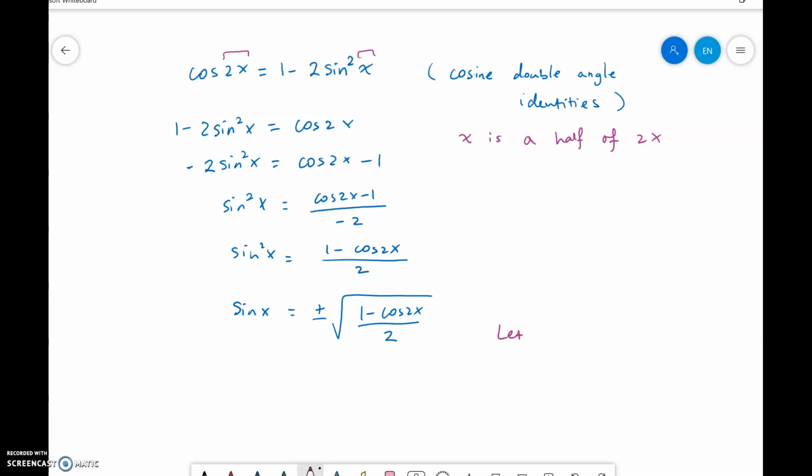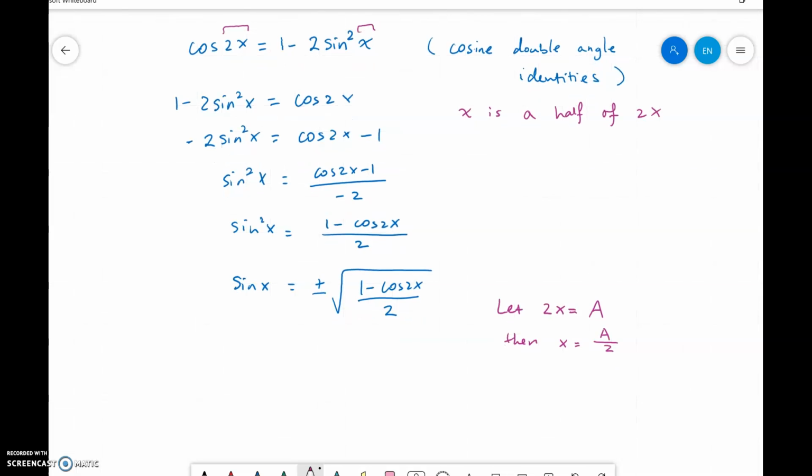I'm going to let 2x equal A, then x equals A over 2, because we want the formula to look more like a half angle. So sine of A over 2 equals positive or negative the square root of 1 minus cosine of A, divided by 2.